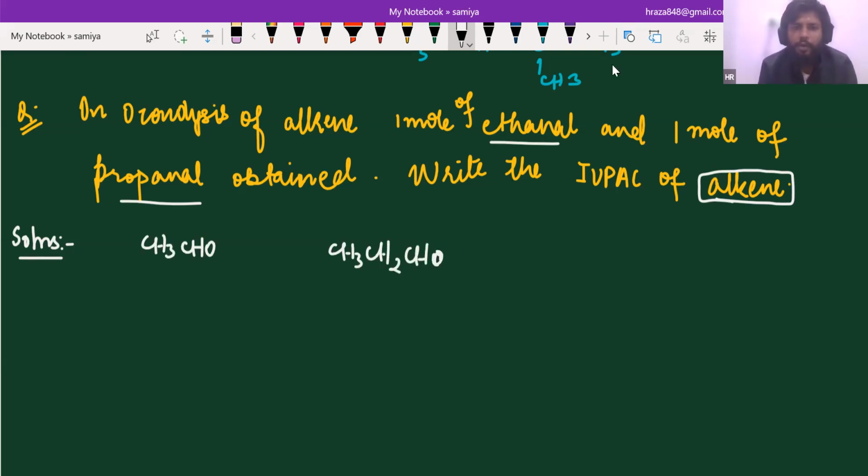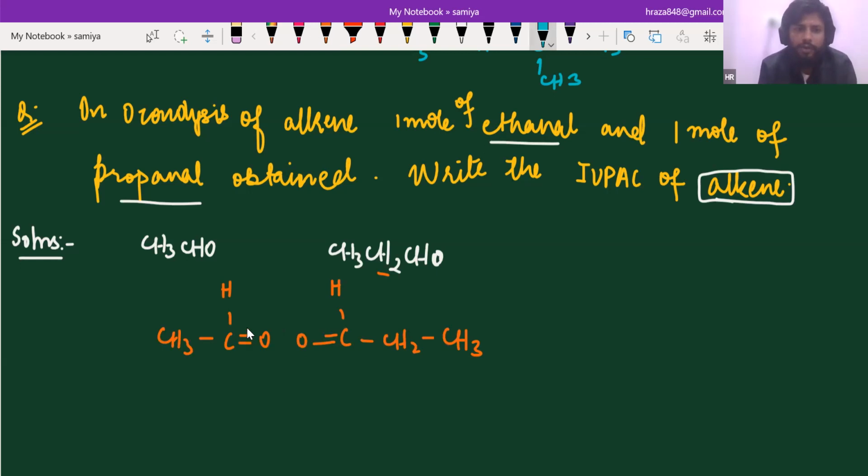Now, when this type of question comes in your exam paper, just write it in this way: CH3, C double bond O, and H. And again, C double bond O, and H, and after this CH2 and then CH3.